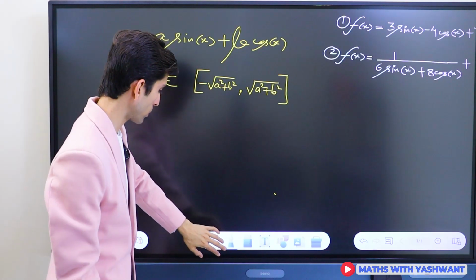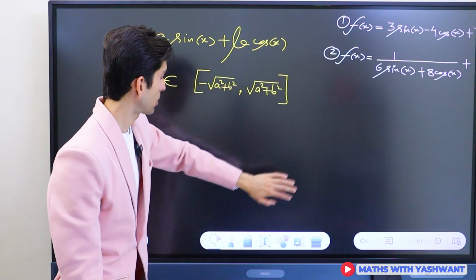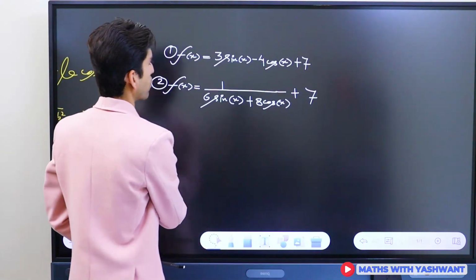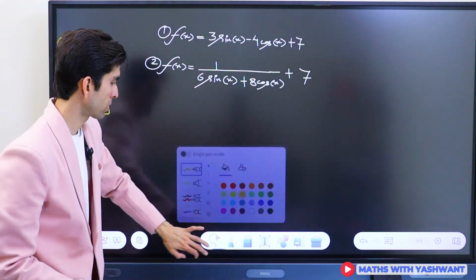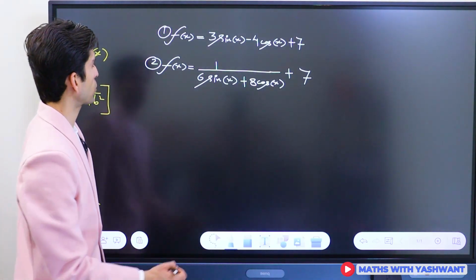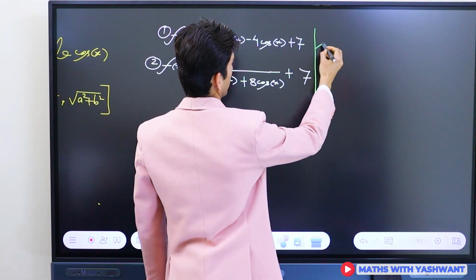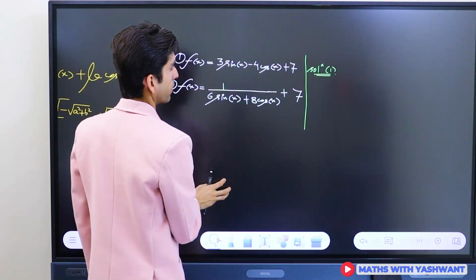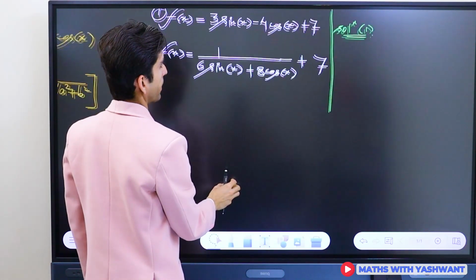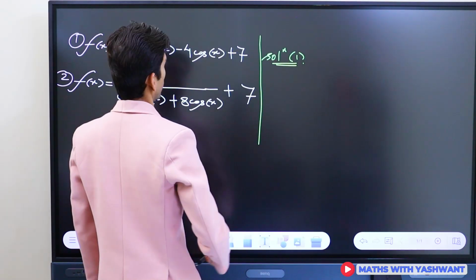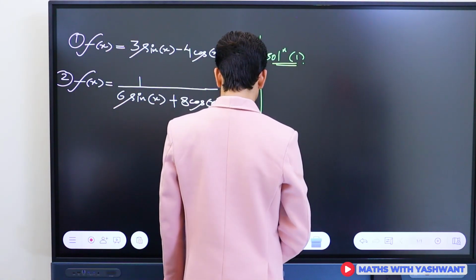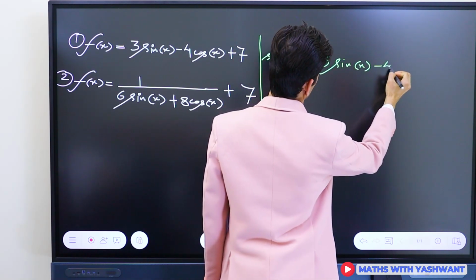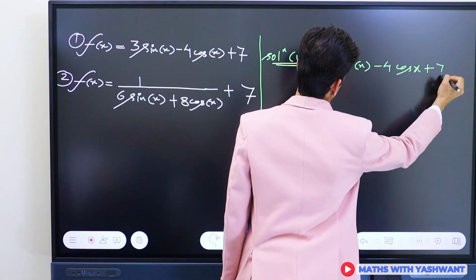So let's get back to our first question of today's session. We have 3 sin x minus 4 cos x plus 7 and we have to find the range. Alright, so we solve our first question. Solution of the first one. So we have 3 sin x minus 4 cos x plus 7.